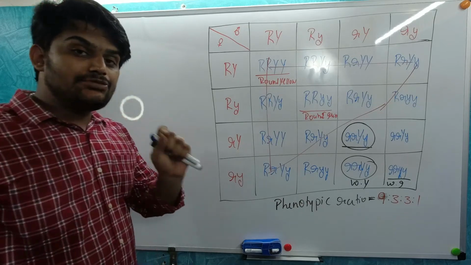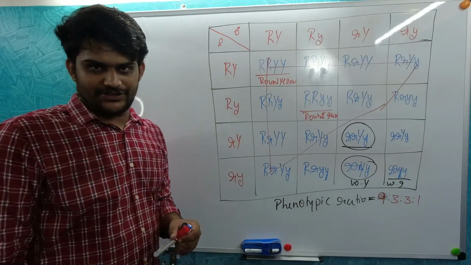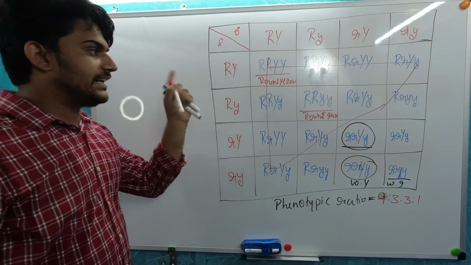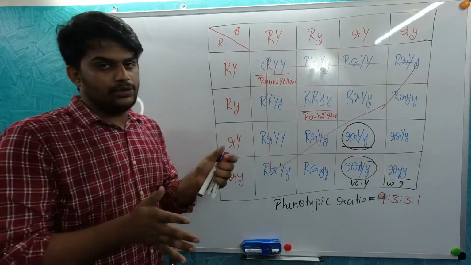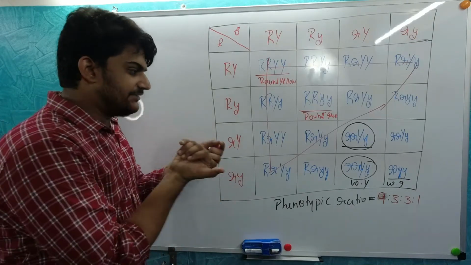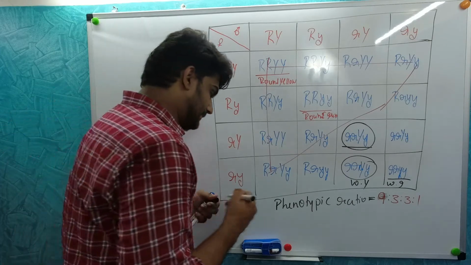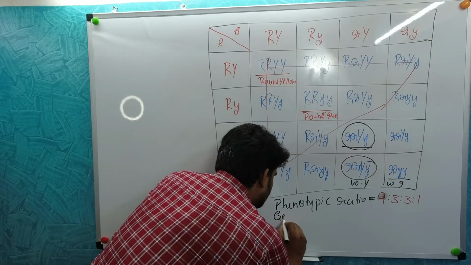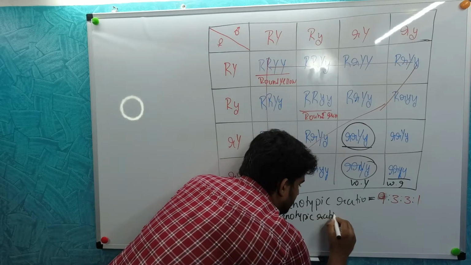But when it comes to the genotypical ratio, it is 16 different individual plants, right? But 16 different characters you can see. In that also very small amount of characters just diversify itself. So I'll write the genotypic ratio.